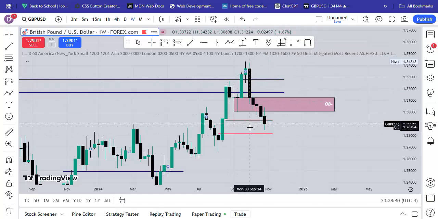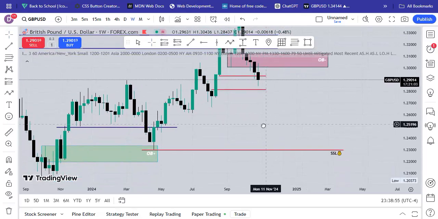So this is price dropping into this fair value gap position, the weekly fair value gap. So price could from here go to this point, which is the monthly order block, respect it, and then drop down.